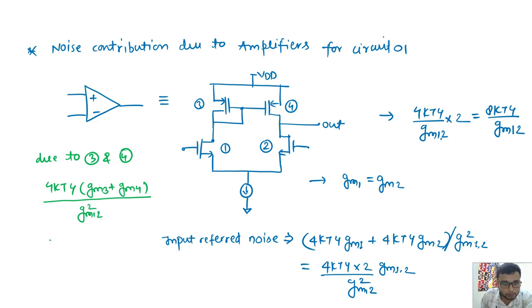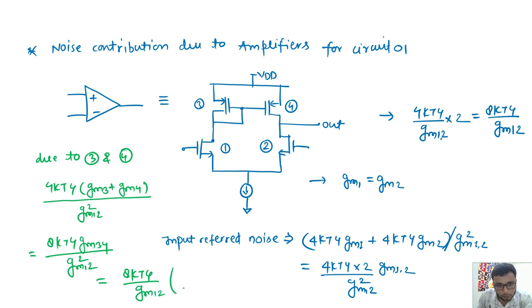So gm3 equal to gm4, so I can write it as 4 kT gamma gm34, that is a short circuit current, divided by gm input pair square. So it can be written as 8 kT gamma by gm1,2 multiplied by gm34 divided by gm1,2 factor. Okay, so this is due to the 3, 4 devices.